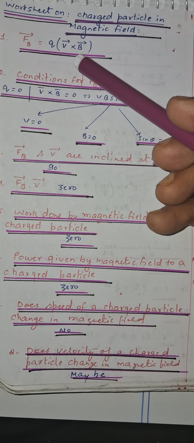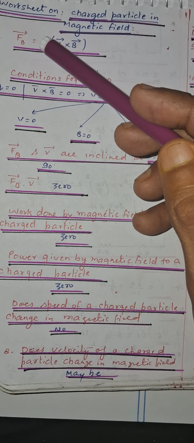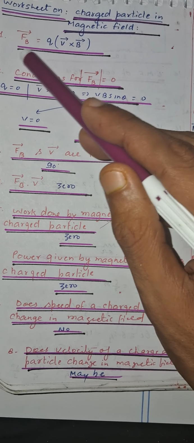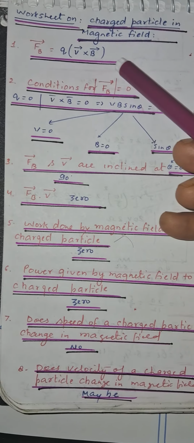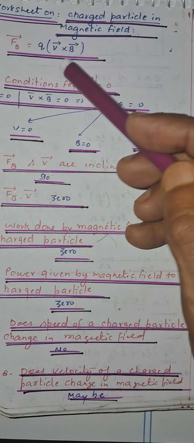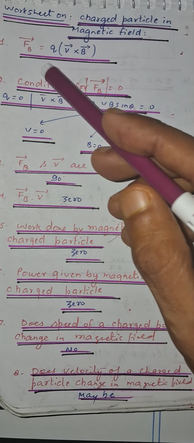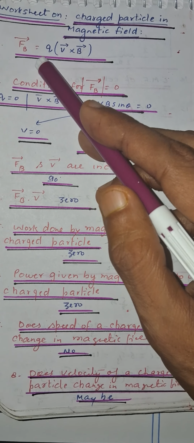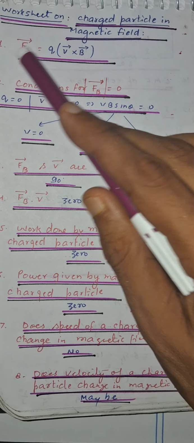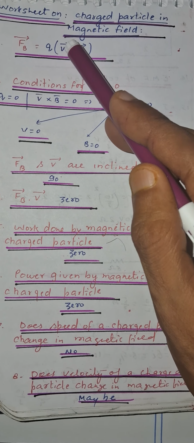And after making the empirical formula and finding the exact relation, it came out that it can be expressed as QV cross B, by experimental verifications done by various scientists, especially Lorentz. He gave this empirical formula. So the expression is Q into V cross B. The important concept here is that magnetic force is perpendicular to the velocity.